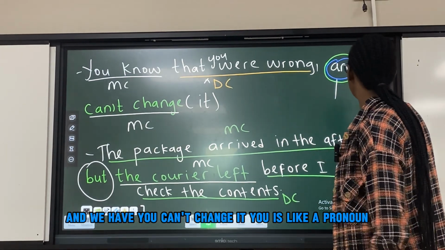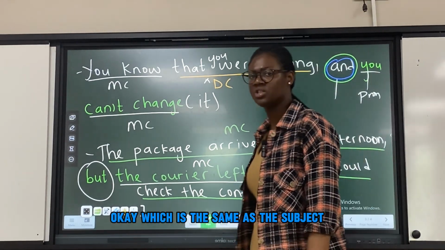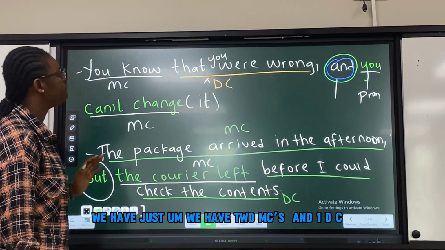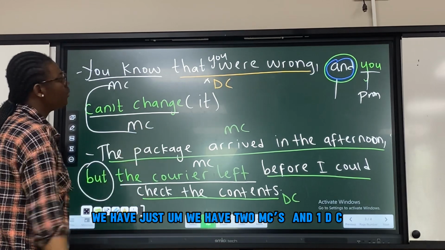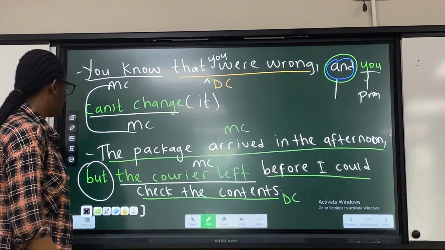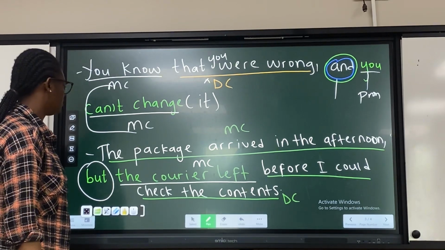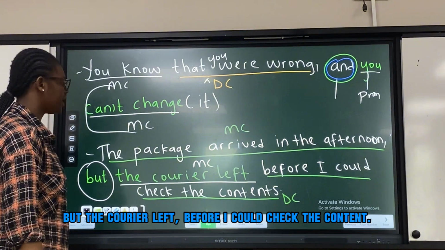You is like a pronoun, which is the same as the subject. You can't change it. But if you look at this particular sentence, we have two MCs and one DC. And the last, the package arrived in the afternoon, but the courier left before I could check the content.